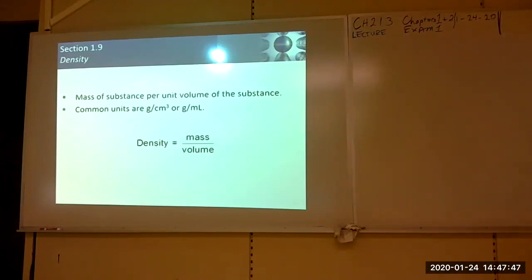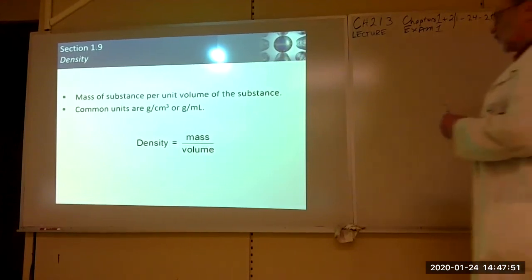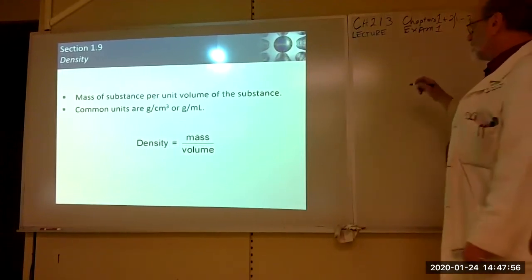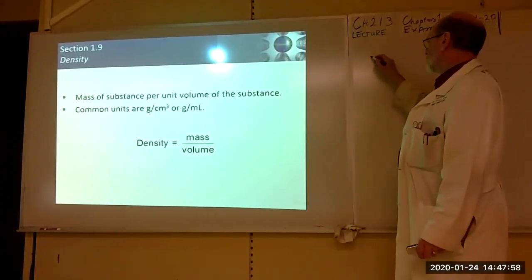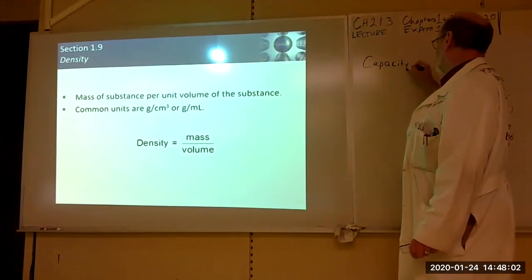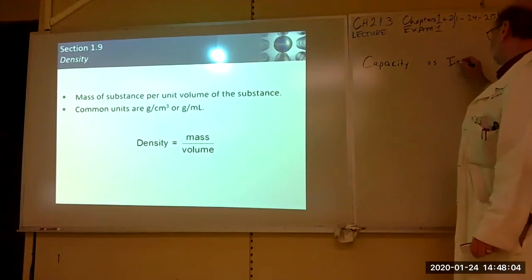Okay. Other concepts. Density. Now I want to introduce another idea. The capacity versus intensity.